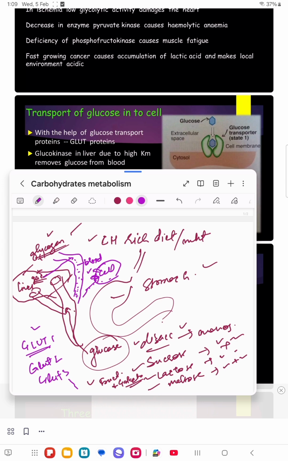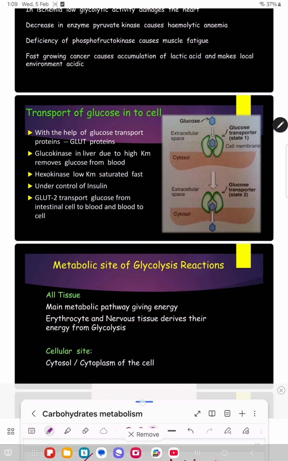Finally, we will discuss this section. Here you can see the transport of glucose into the cell. This is the extracellular space, this is the cytosol inside the membrane, and you can see here the glucose transporter 1, that is GLUT1. The glucose is entering inside the cell like this.